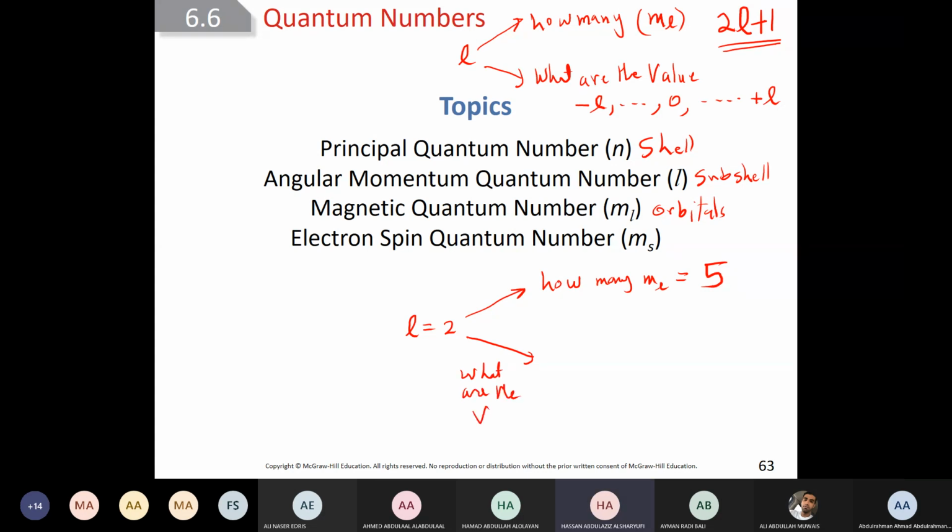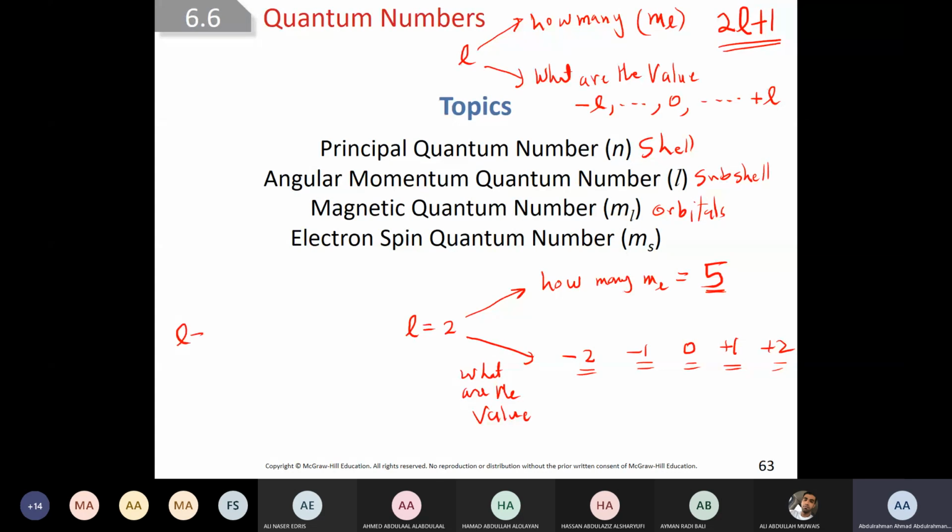Minus 2, minus 1, 0, plus 1, plus 2. Count them. How many do you have? 5. So this is the answer. 5, and the values start from minus 2 to plus 2. Is this easy? Easy. Good.